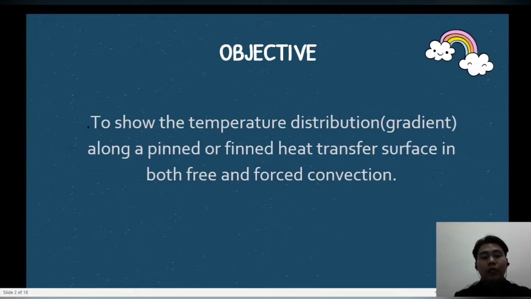So here I'm going to talk about the objective of the experiment. The experiment is to show the temperature distribution in form of gradient along the pin or fin heat transfer surface in both free and forced convection.